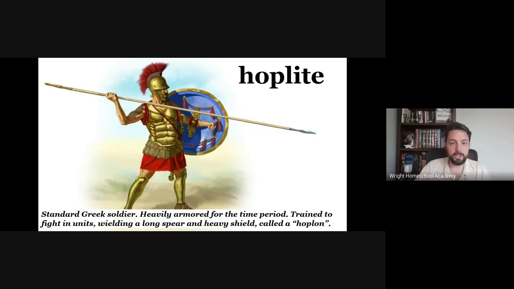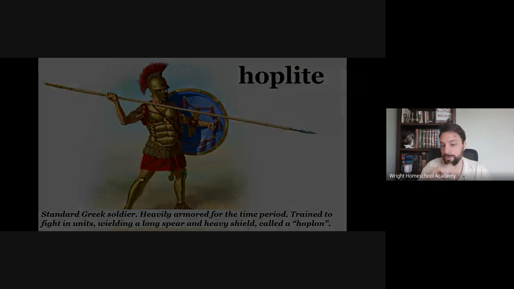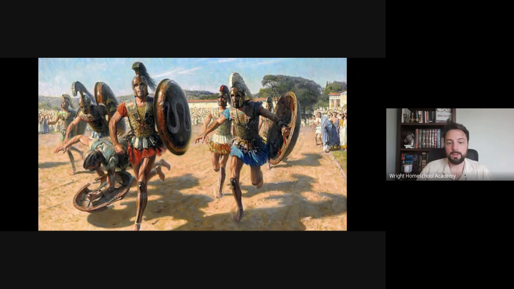Hoplites were trained to fight in units. They wielded a long spear and they carried a heavy shield, big, round, heavy shield, which was called the hoplon. That's why the soldier was called a hoplite, named after the shield, the hoplon. This is also where we get the name for the most difficult of the running races and athletic competitions at the Olympics.